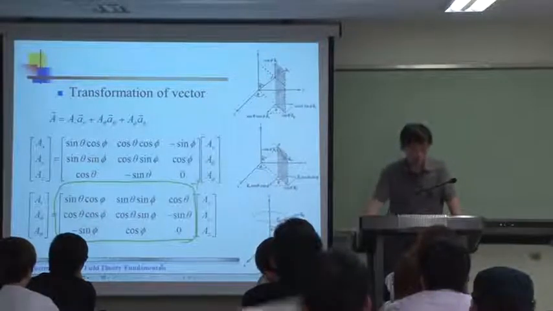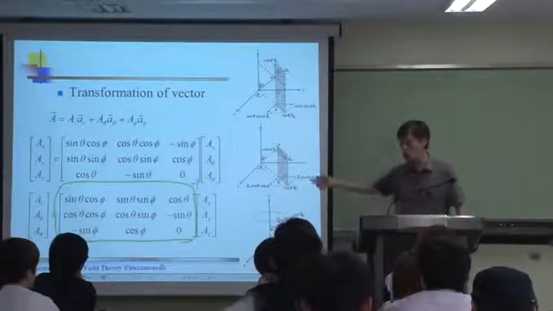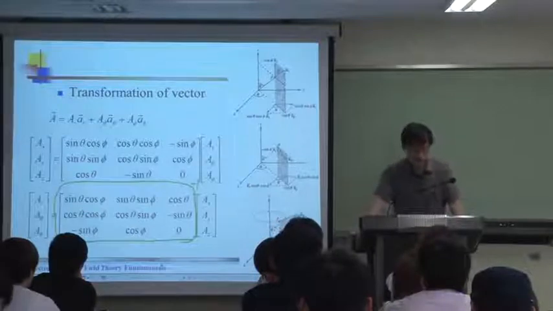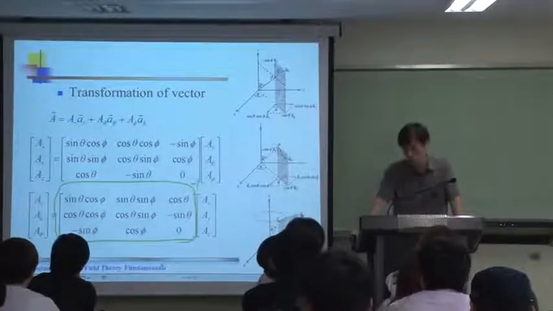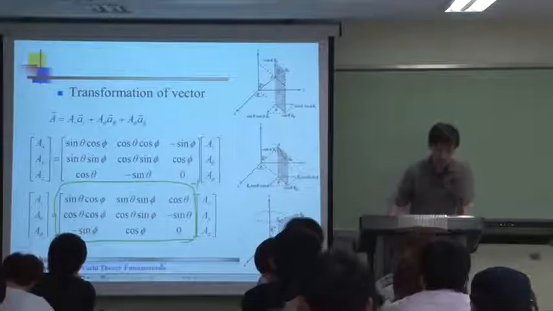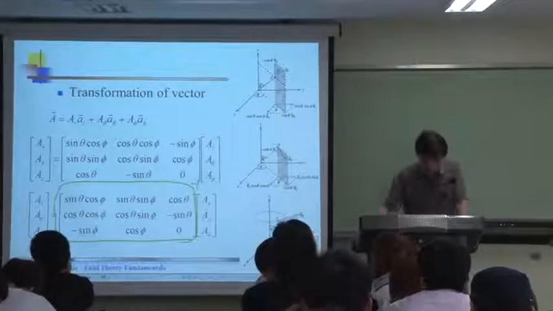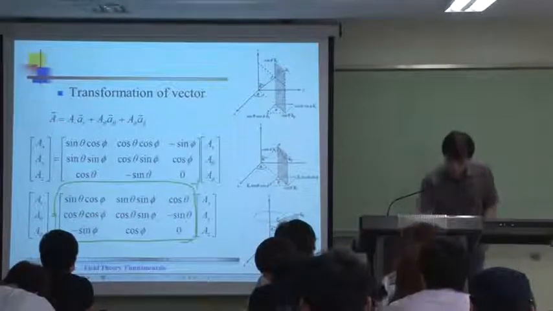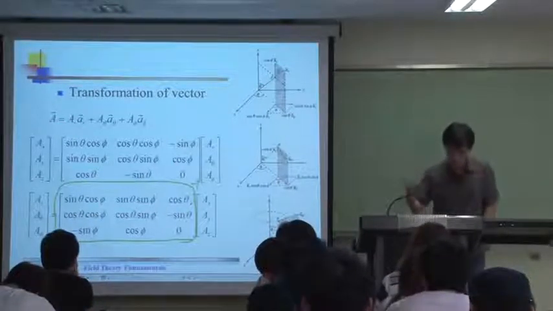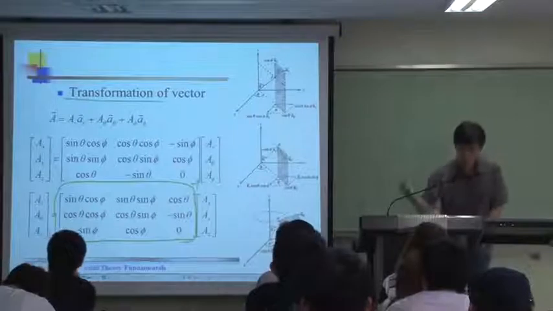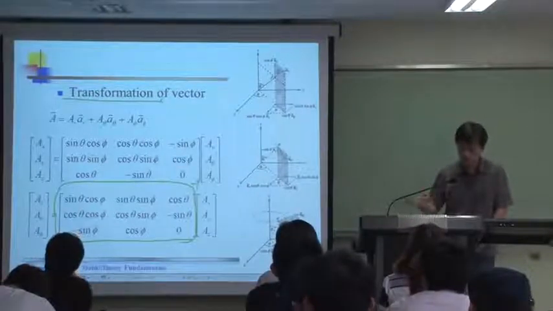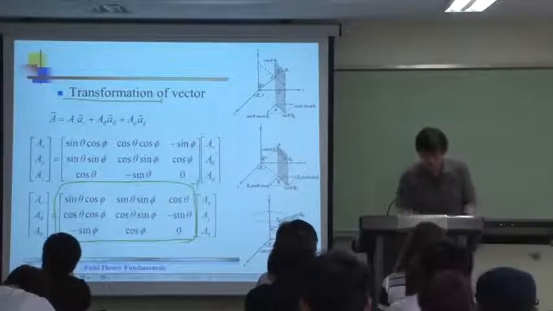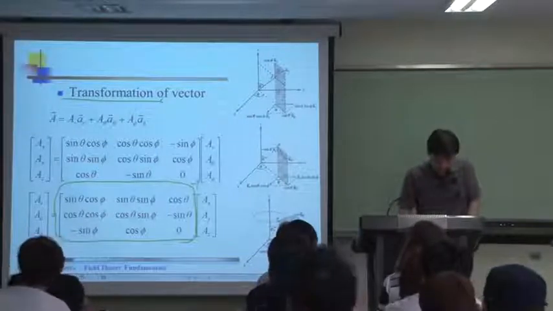You don't need to remember it, but you need to know why and how it was derived. That is the important point. Okay, so this matrix is called the transformation matrix. So using this transformation matrix, you can transform the coordinate system.